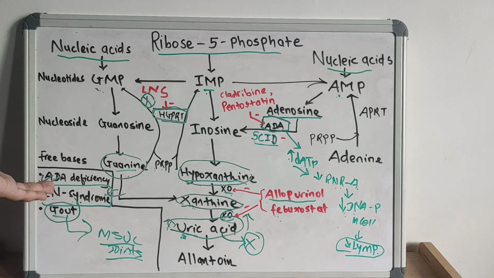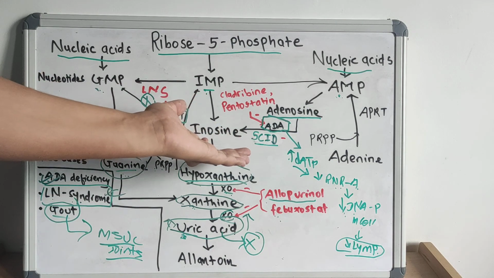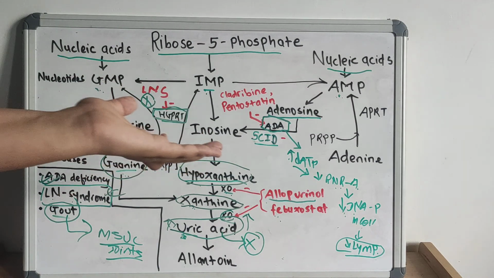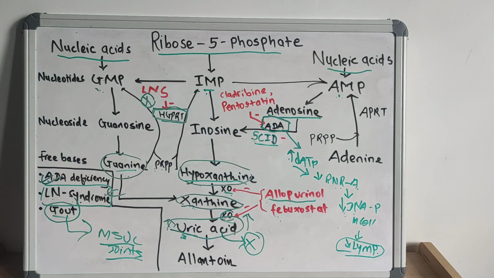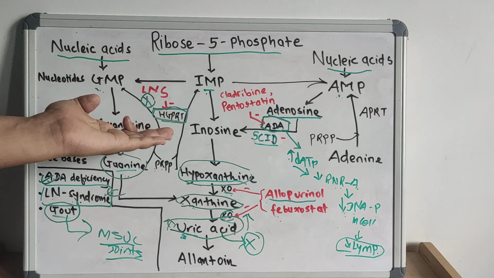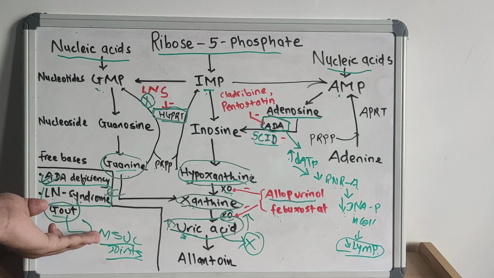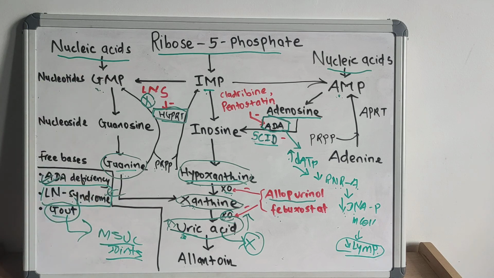We discussed adenosine deaminase deficiency that leads to severe combined immunodeficiency, which is B and T cell dysfunction, or decreased production of B lymphocytes and T lymphocytes. We discussed Lesch-Nyhan syndrome, where there is very low amount of HGPRT or no HGPRT. And we discussed gout, the condition in which hyperuricemia leads to deposition of monosodium urate crystals in the joints.